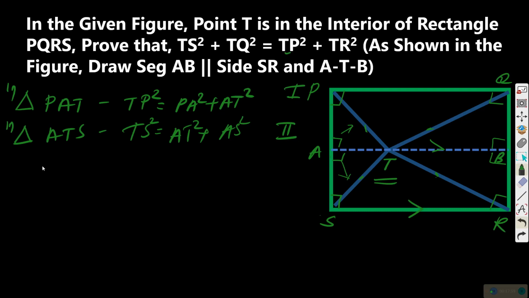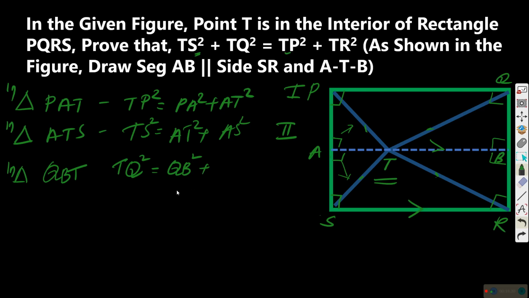Okay, go to the right side, another set of triangles where you are having QBT. Right, in QBT you are having a right angle triangle where you are having TQ square.